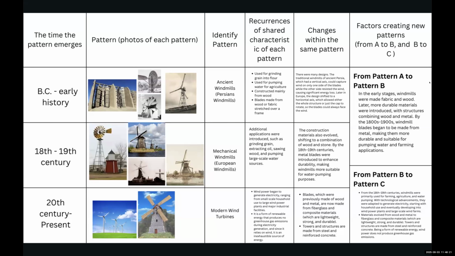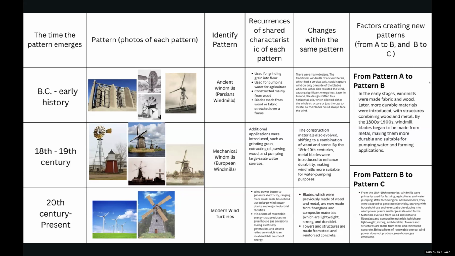And in the 20th century to present, the pattern is the modern wind turbine. Wind power has begun to generate electricity, ranging from small-scale household use to large wind power plants and major industrial facilities.